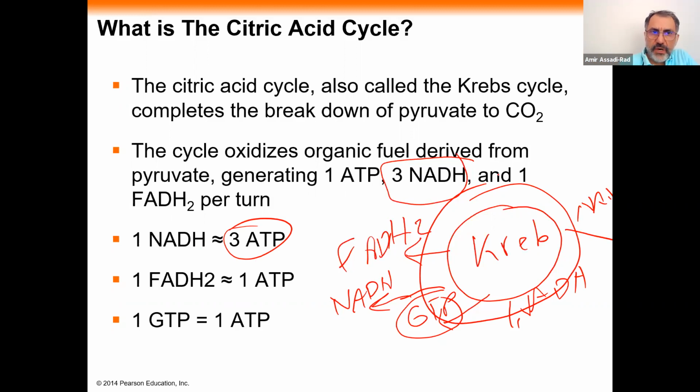So you have 3 NADH times 2, so 6 NADH, 2 GTP, and 2 FADH2, which gives you a total of 10 ATP.